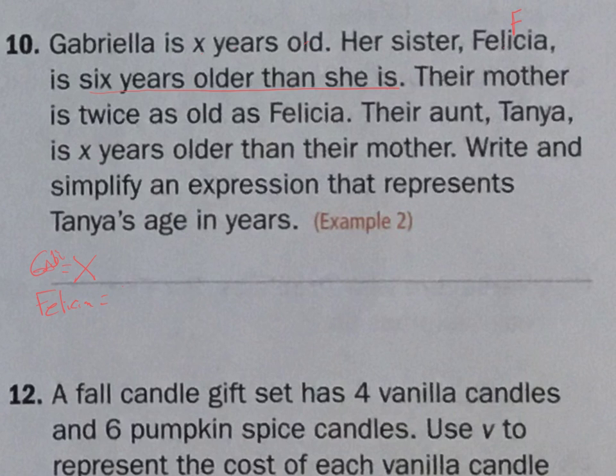So let's take X plus 6. There's Felicia's age. Their mother equals twice as old as Felicia. Now, here is Felicia's age, so we want twice as old as that. We do X plus 6, and then we times the whole thing by 2, because it's twice as old.